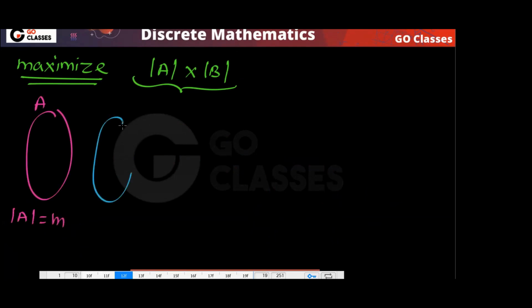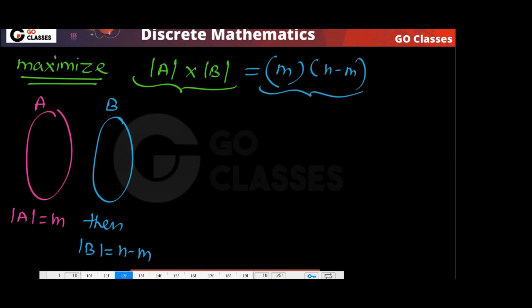Then what will be the number of vertices in B? That will be n minus m. So we want to maximize this value.